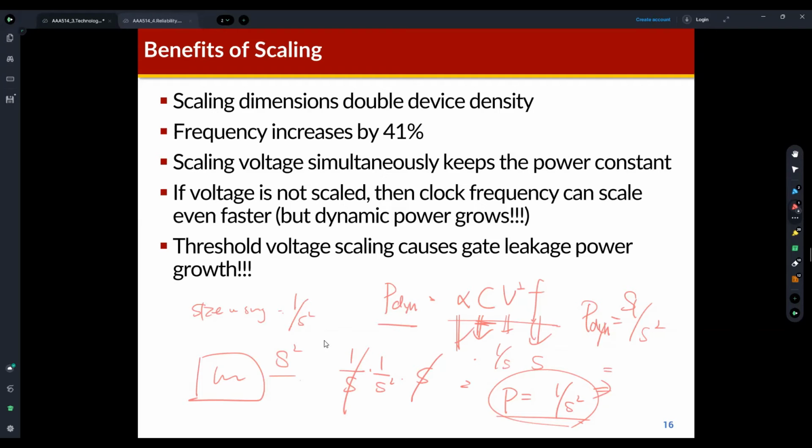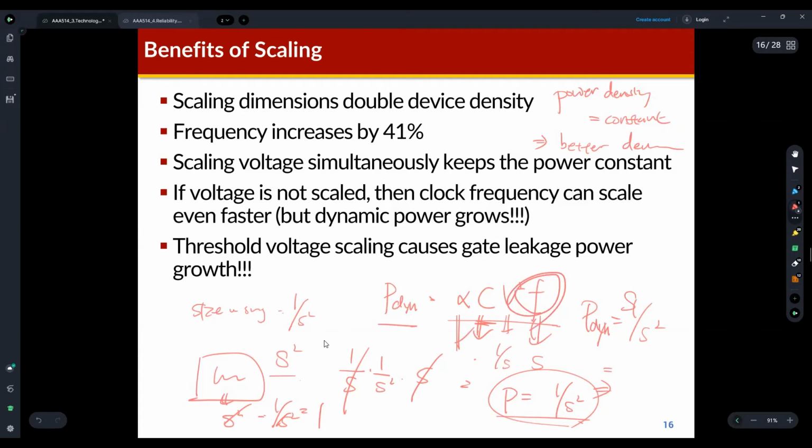So the number of transistors becomes S squared, and the dynamic power is 1/S squared, multiplied, which makes it constant. So what is the benefit of scaling? Power density. Power density by area is constant, but we can make a better device, better processor, because we can increase F, okay, the clock frequency.